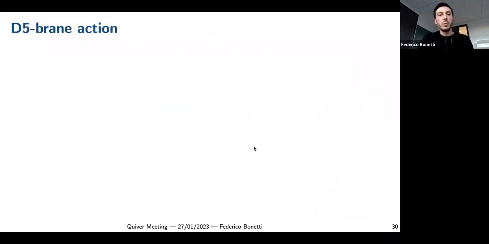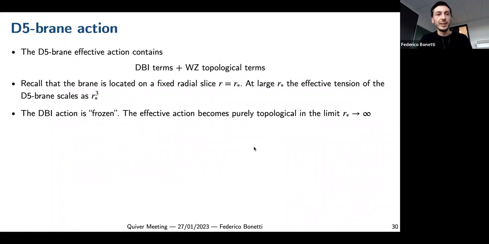So we have, of course, to check whether this idea is consistent with some basic properties of D-branes. The very first check is what happens to the action. We know that if we take a single D5, we can describe it in terms of the DBI, and that's the main topological coupling.